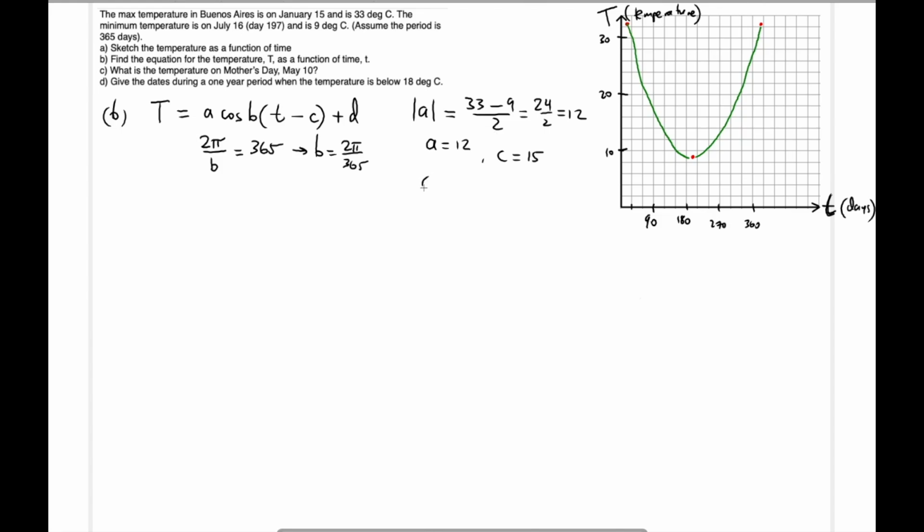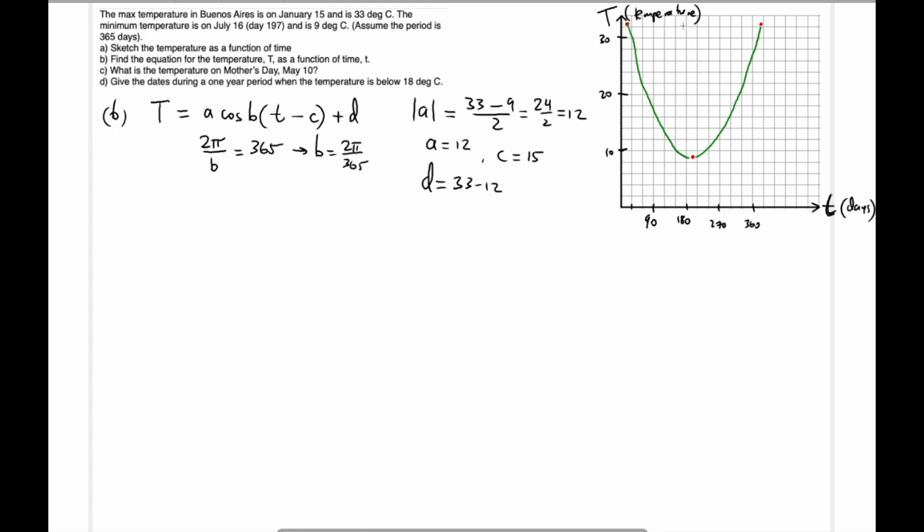Right, now, how do we find the d value, the vertical shift? We know that the midline of a parent cosine function is at the t-axis, when the temperature would be 0. However, here it's being shifted. And how do we find that value? Well, we can just subtract 12 from 33, right?